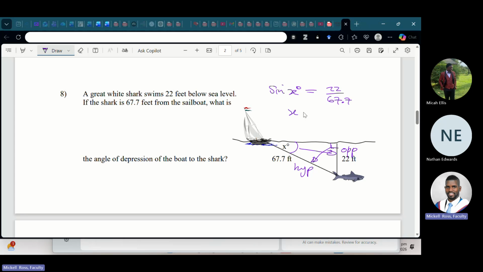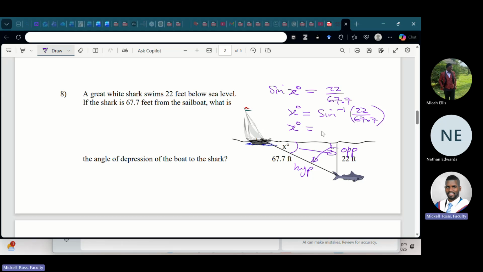To find x, it is going to be equal to the inverse of the trig function. So x is equal to sine inverse. You press shift or second function and then the sine button, 22 all divided by 67.7.